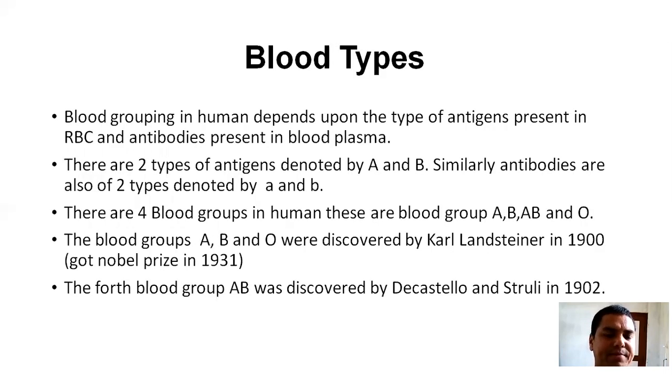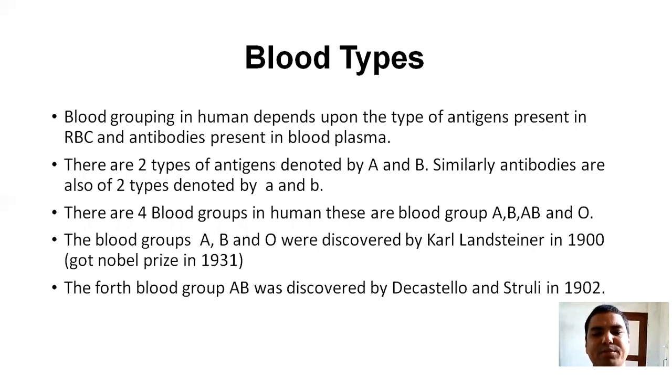Blood type. Blood grouping in humans depends upon the type of antigen present in RBC and antibodies present in blood plasma. There are two types of antigen denoted by capital A and capital B. Similarly, antibodies are also of two types, denoted by small a and small b. There are 4 blood groups in humans.